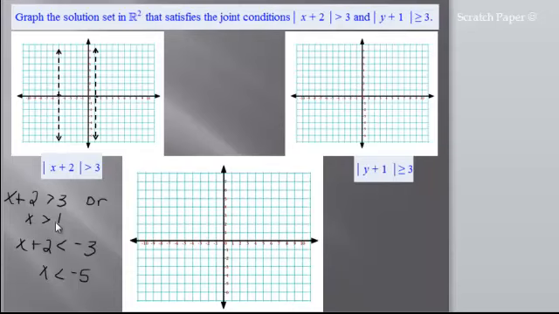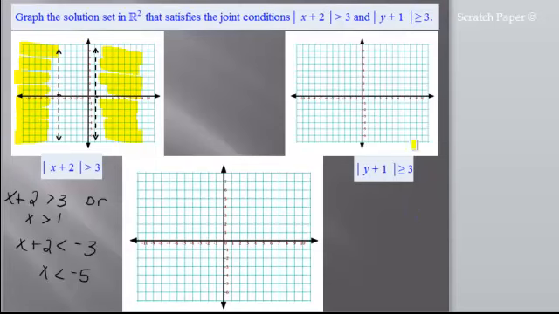We want to graph where x is greater than 1. So that's going to be here, everything greater than 1. Then it says x is less than negative 5. So that would be everything this way. Okay, so we have just graphed this inequality.